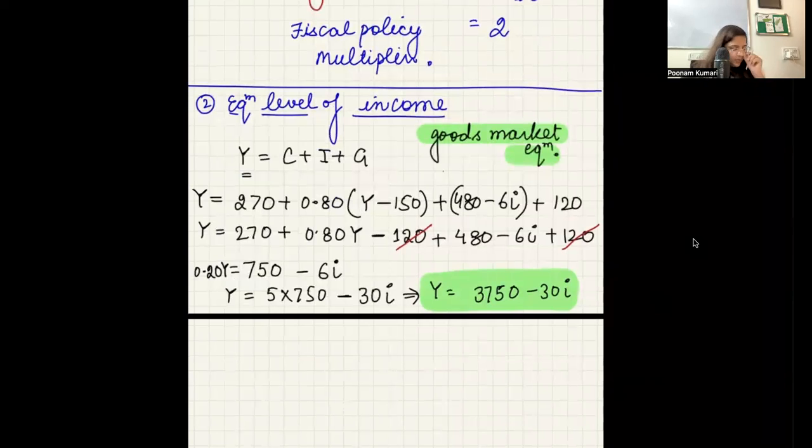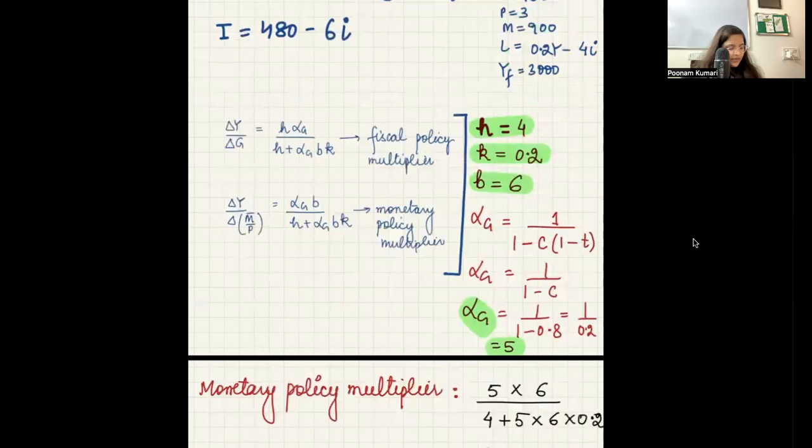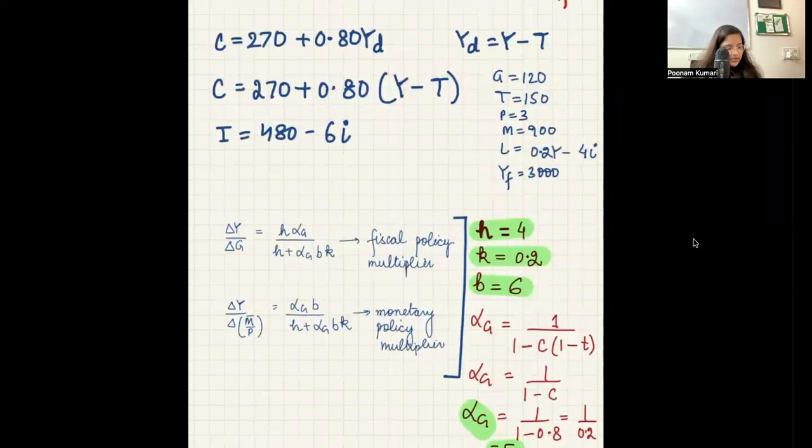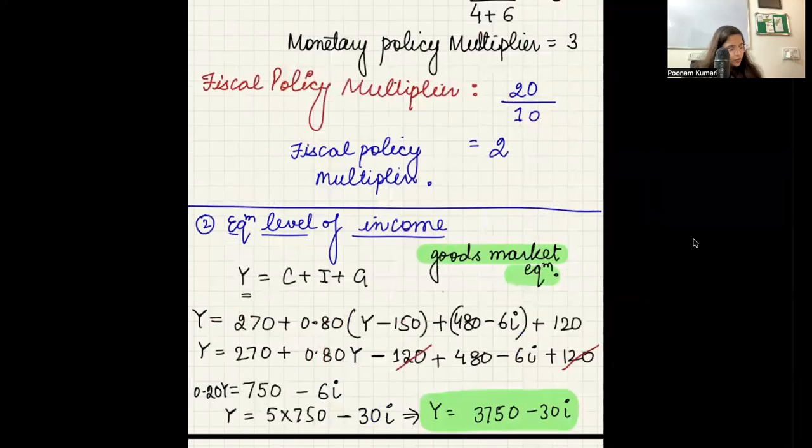Fine. And then we can do the same thing for the money market. For the money market we need LM. So this is the equation, and then M by P. So this is money demand. Money supply, real money supply, is M by P. So we'll use that. 0.2y minus 4i equals 900 by 3.